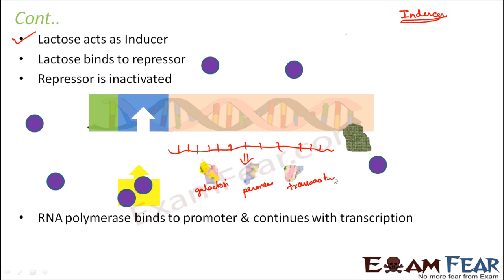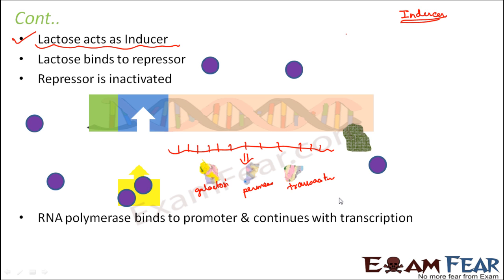So all these enzymes will then be produced, right? So now the genes are turned on. So what exactly initiated the turning on of the genes? The lactose molecule, and that is why lactose acts as inducer.